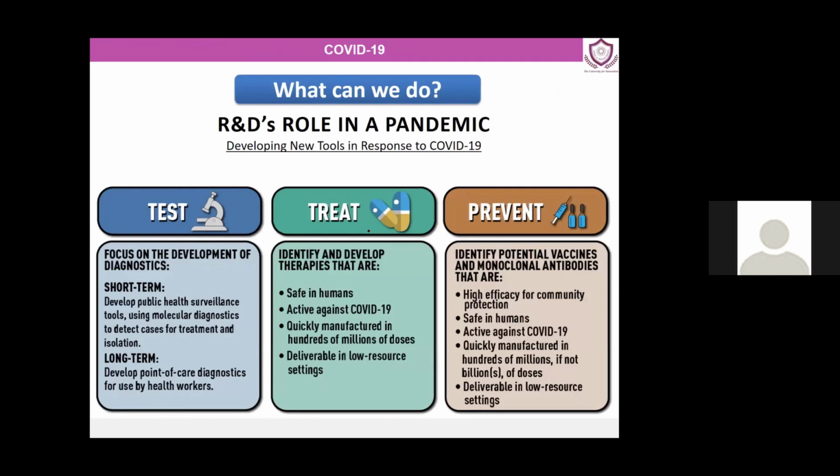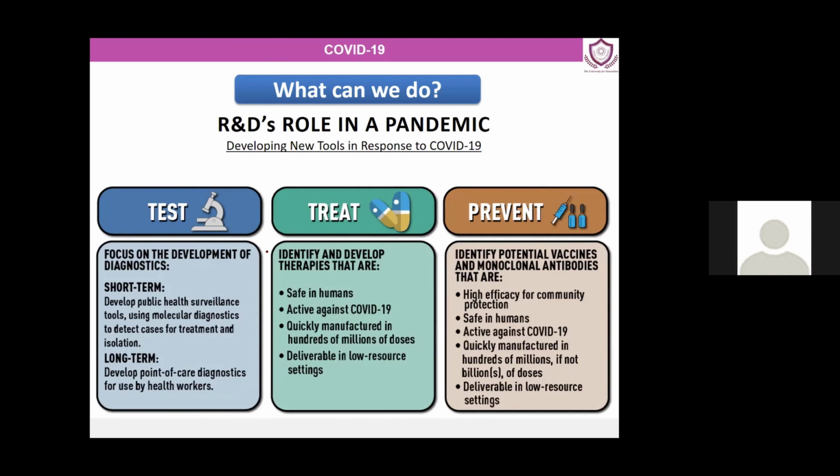There are three areas wherein biotechnology, or any biologist, can intervene. The first one is test. We can focus on diagnostic tests like RT-PCR, or any kind of point of care diagnostic device. The second one is treat. We need to identify and develop therapeutics available to treat COVID-19. These therapeutics or small molecules should be very efficient in targeting coronavirus proteins.